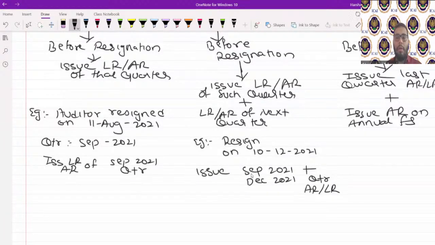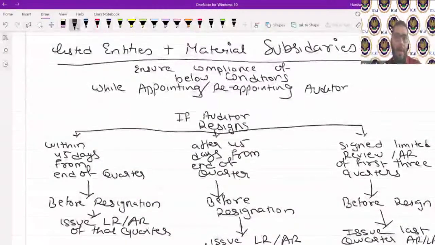Okay. Now, if he has signed the 3 quarters' audit report or limited review report, then issue the audit report on the last quarter also and issue the audit report on the financial statement also. Clear? This was a circular requirement if the auditor resigns.